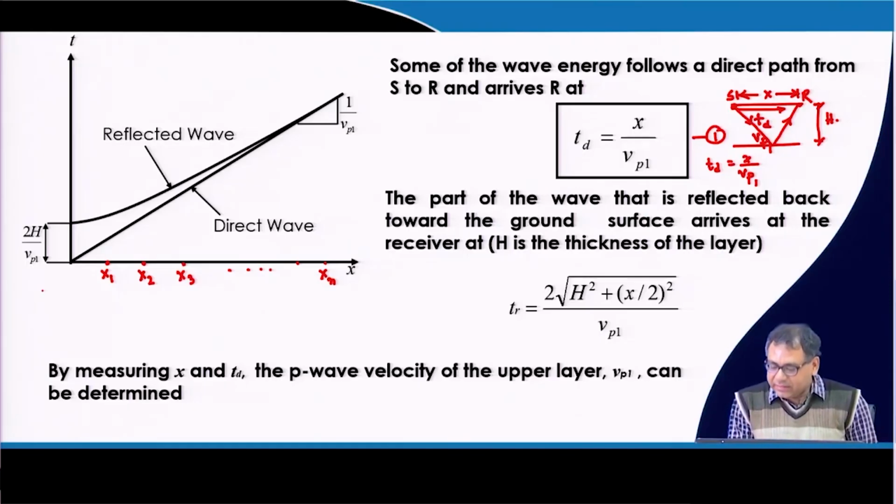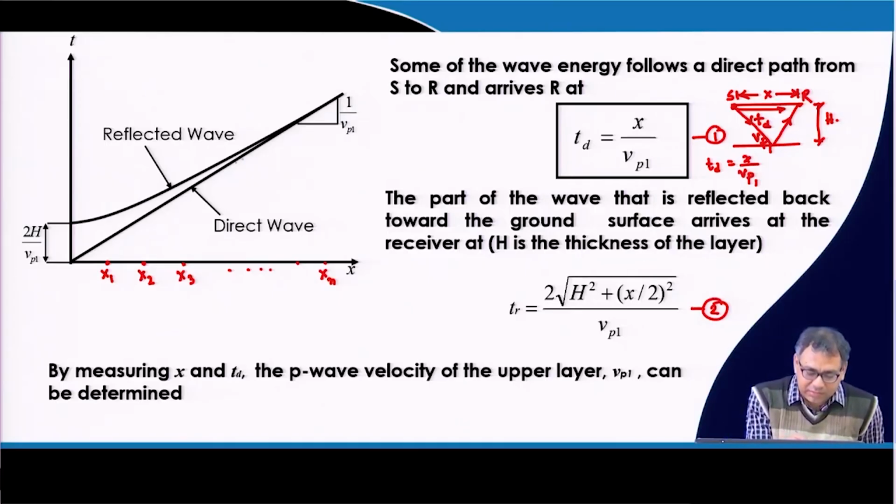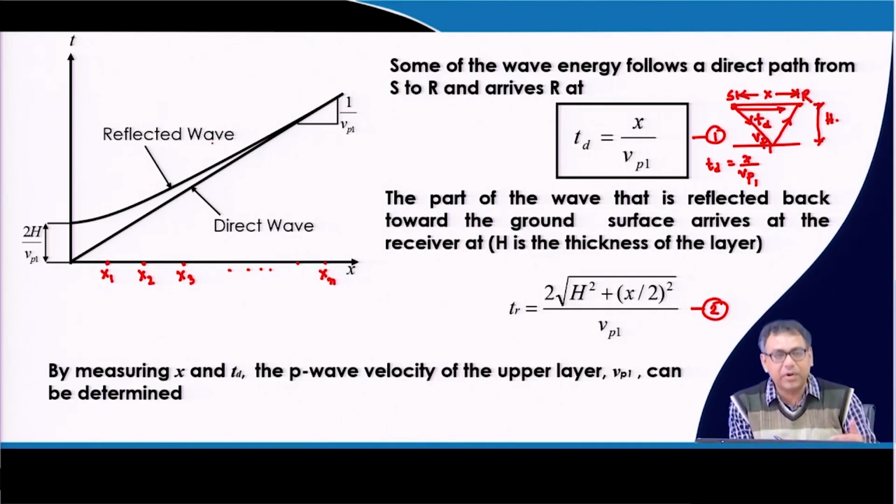Okay. And equation 2 will give us a line which is not a straight one. So, it is a nonlinear type of equation. So, we will get one graph, that is the reflected wave graph. That means what we will do?